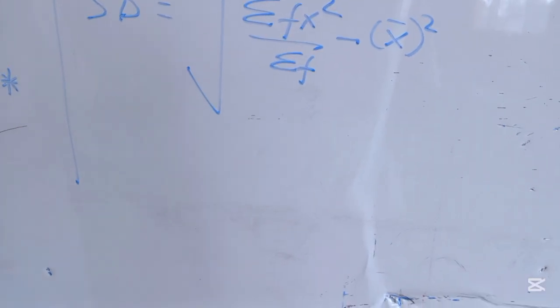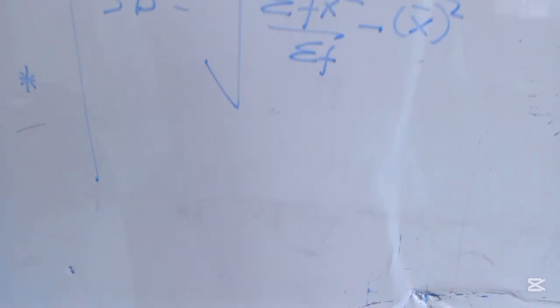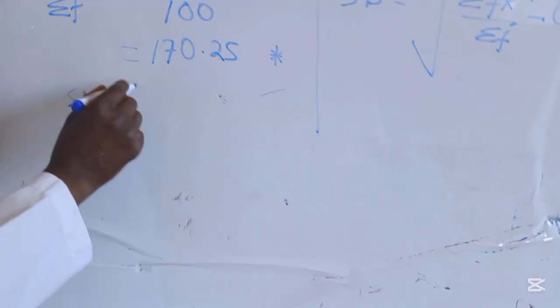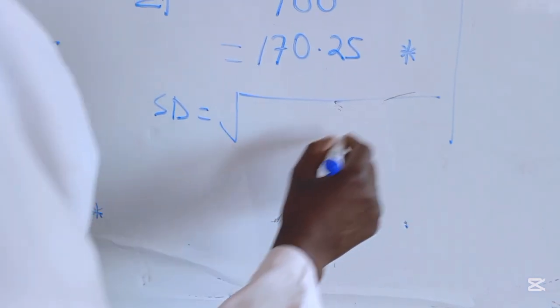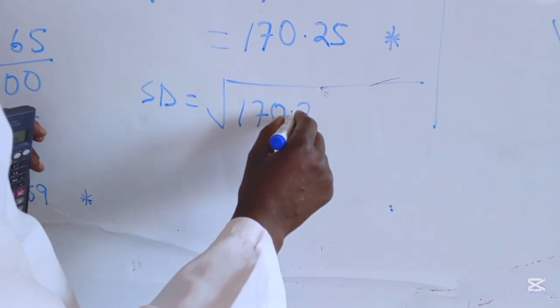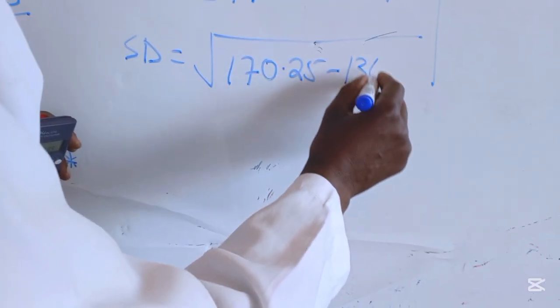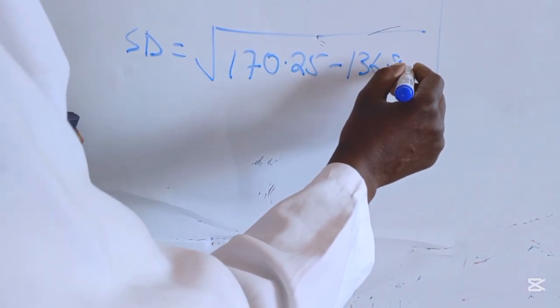So in short, I've got this figure, I've got this figure, and I'm supposed just to subtract. Standard deviation is equal to the difference between this one, 170.25, minus 136.89.